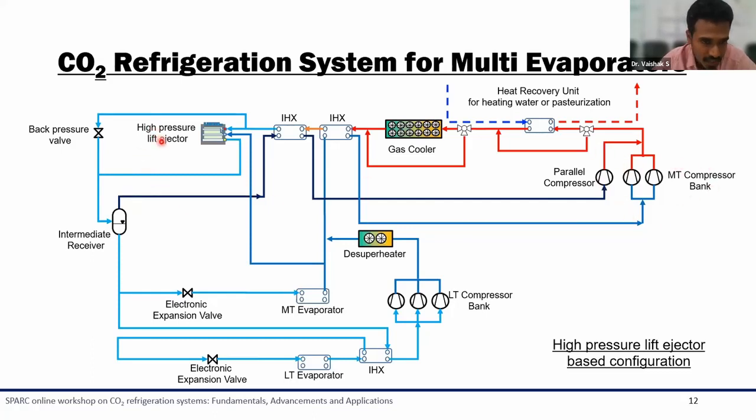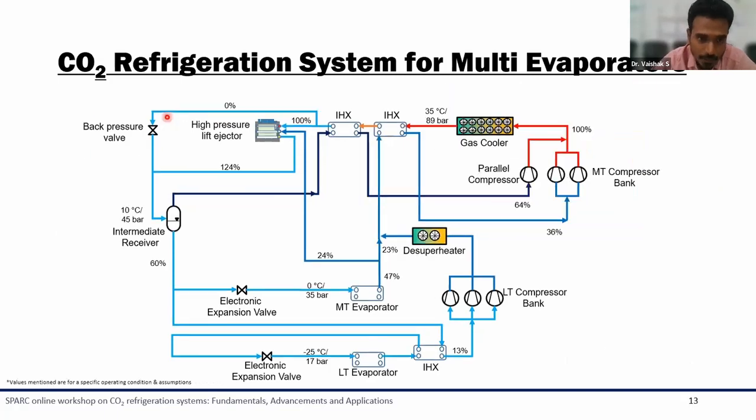So these high pressure lift ejectors are operational only with the parallel compression system. They cannot be made operational with the booster systems. That is basically the limitation that the Danfoss product range has.